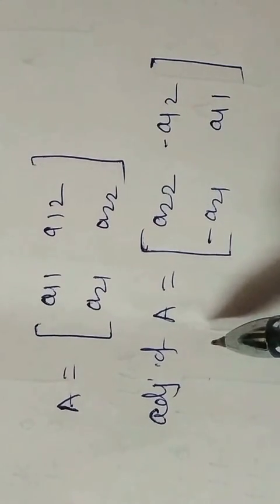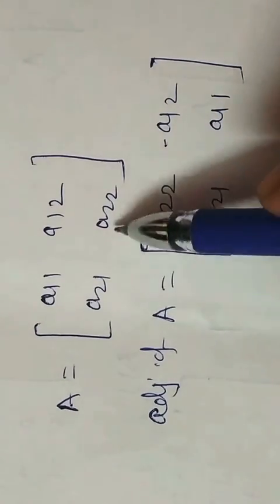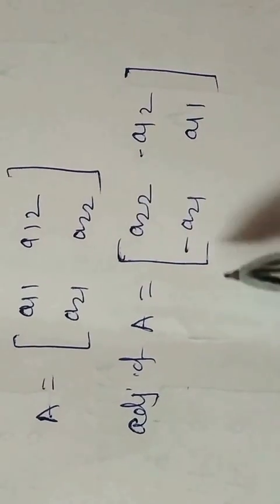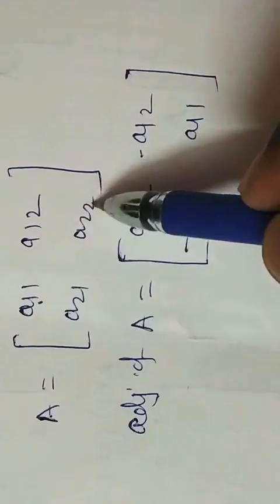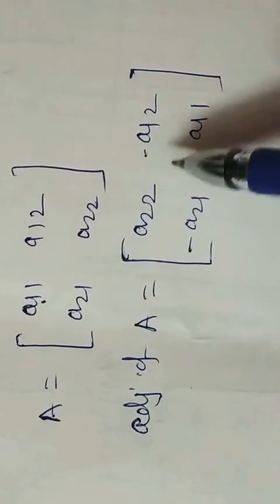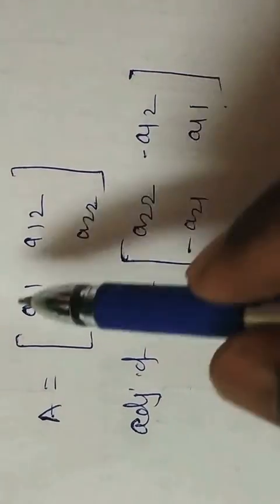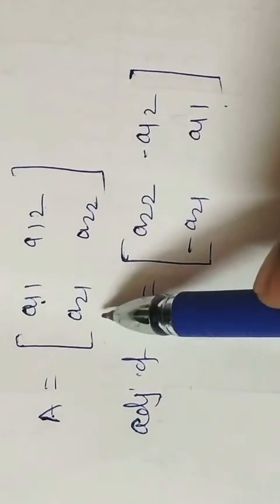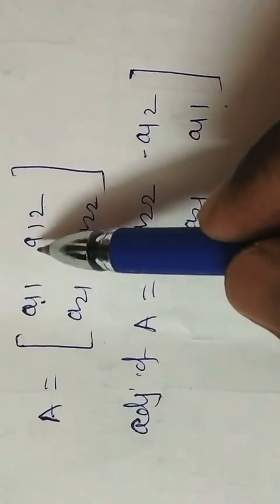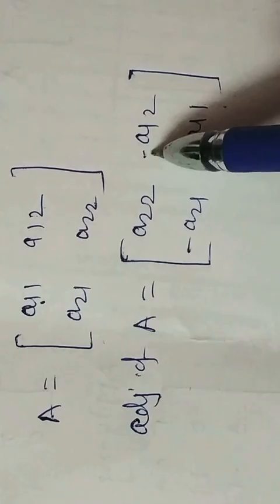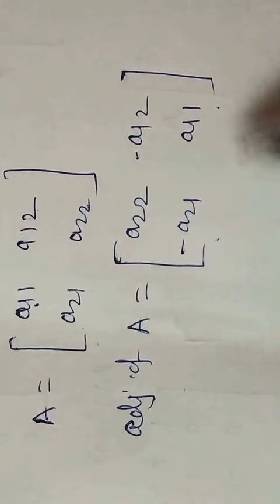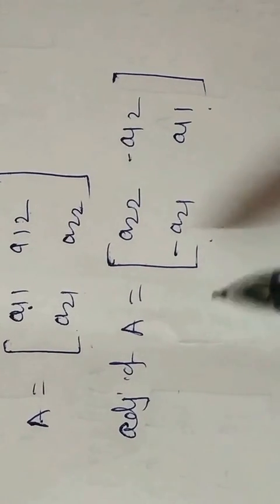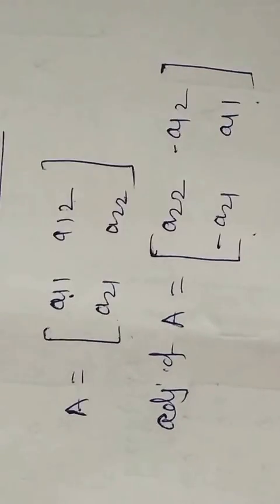This is finding the adjoint of A in the 2 by 2 matrix. Simplest way: interchange the diagonal elements A11 and A22, and for the non-diagonal elements, change the sign, minus A12 and minus A21. So this is the adjoint of A, a very simple way to find it.